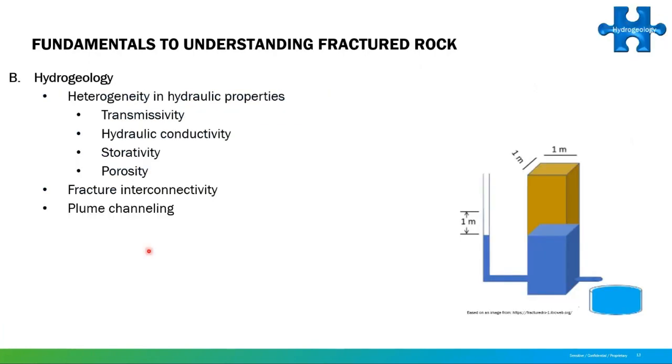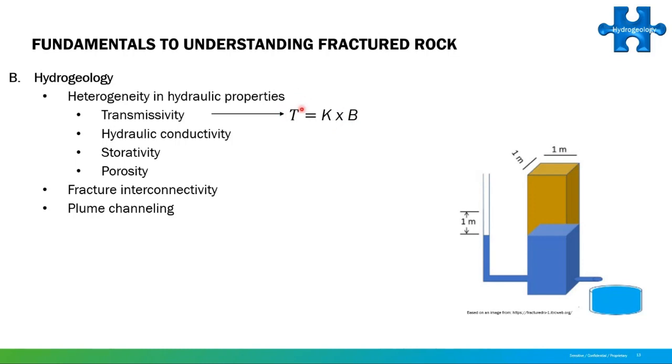So second in the fundamentals is hydrogeology. Within fractured rock, I think we can all be aware that there's somewhat extreme heterogeneity in the hydraulic properties, and that really plays out into some of the math that I'm going to show here. For example, transmissivity is the product of hydraulic conductivity and aquifer thickness.